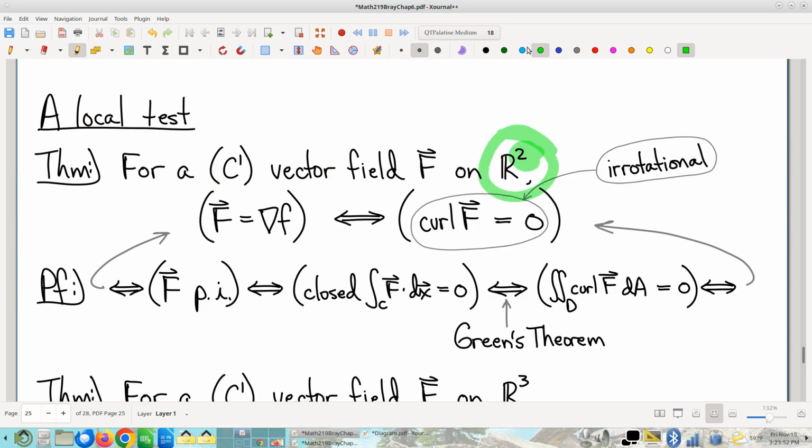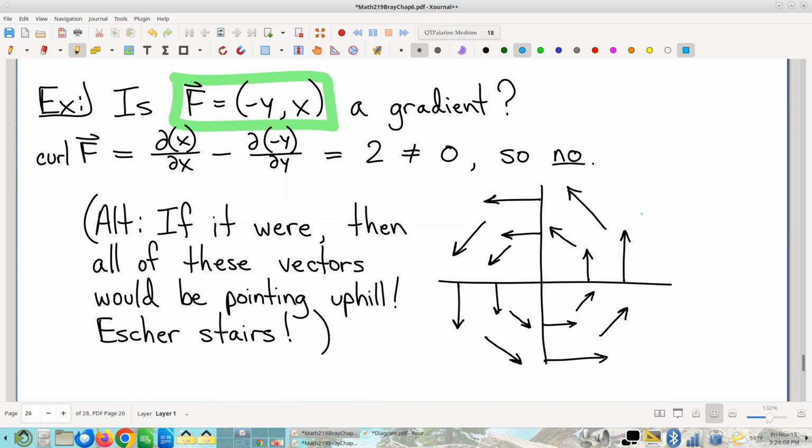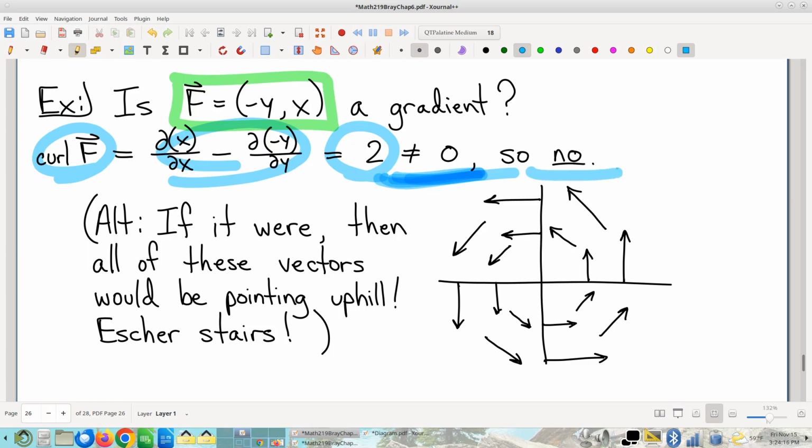And there, the test for whether your vector field is a gradient, aka has an anti-gradient, is to compute the scalar-valued curl and see if that is equal to 0. So again, it's just plug and chug, and you can compute this curl. By that formula, you get 2, which is not 0. So there is not going to be an anti-gradient.